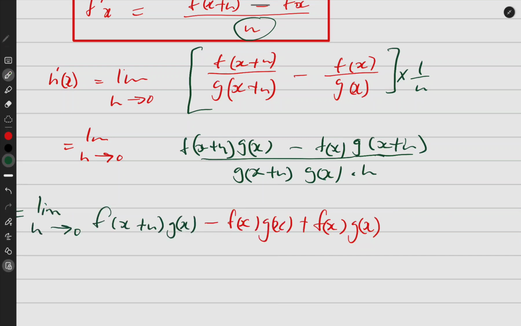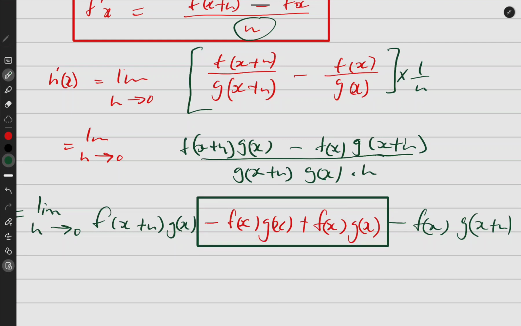I still have minus f of x times g of x plus h. I think this is the most clever part of this proof. If you can remember adding and removing this term, you are done with the proof, because whatever remains is just limit laws and algebra.